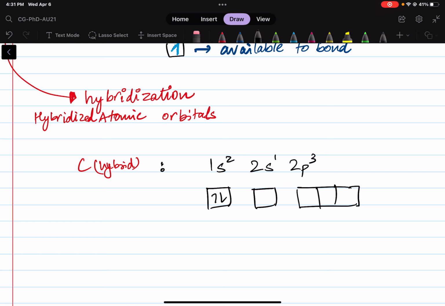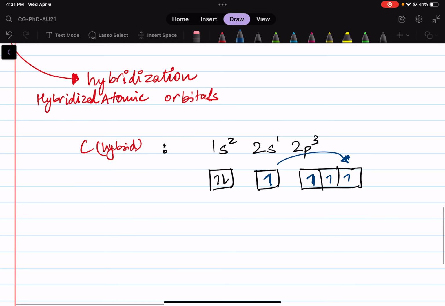So again, 1s still has the 2 electrons, but for the 2s, it has 1 electron now, and the other electron jumped from 2s to 2p, and it made 3 electrons here. So what we did is that we created something called hybrid orbitals.